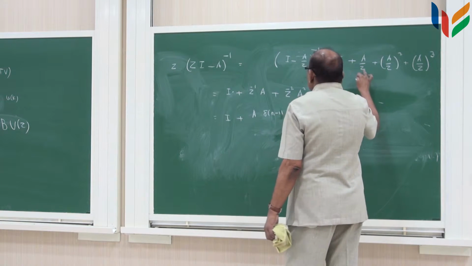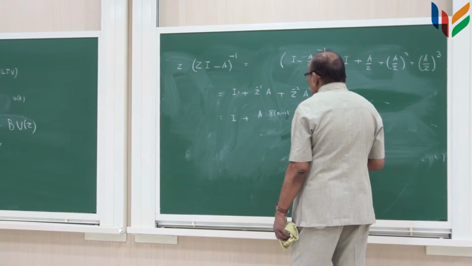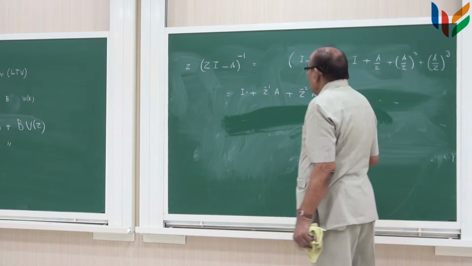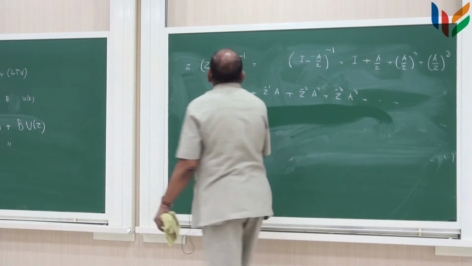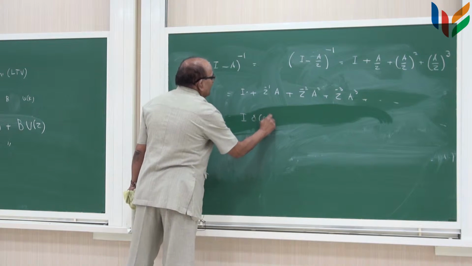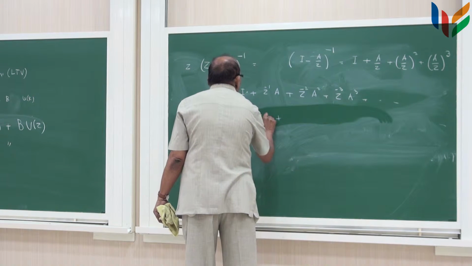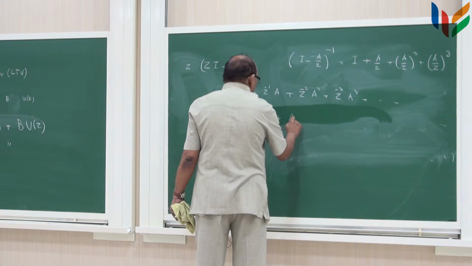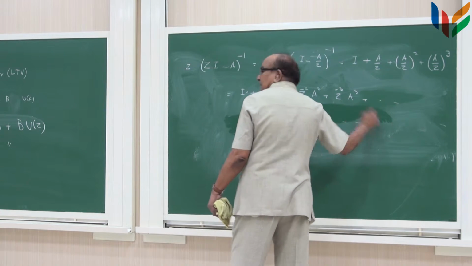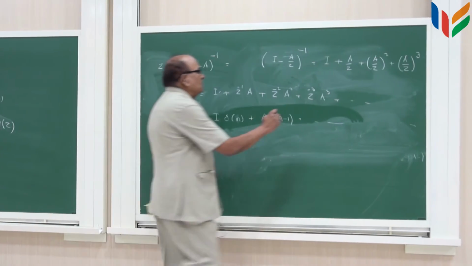I A Z minus 1. This is right? Okay, good. Now, the inverse transform of this will be, oh, you are saying, okay. Inverse will be I delta 0. Is that what you are saying? Delta n rather. A delta n minus 1 and so on. This into x0.